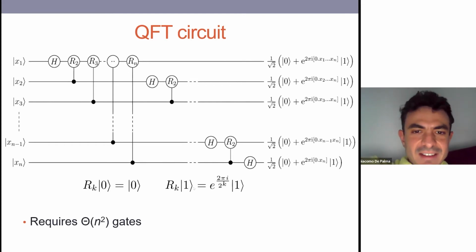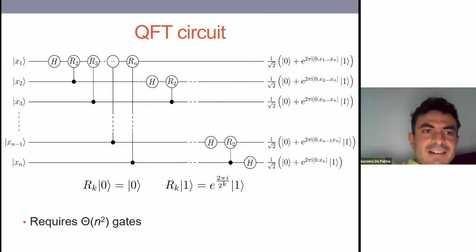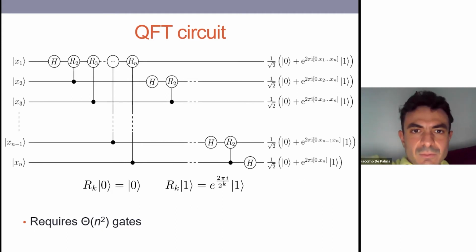And you can check here that if you compare these powers of 2 to the k, which are in the definitions of these Rk gates, with the position of the digit that you see here, they all match. So after applying all these gates, the state of x1 is what it should be. It's this one. And then we can continue. The next part of the circuit will build the right state for the second qubit.